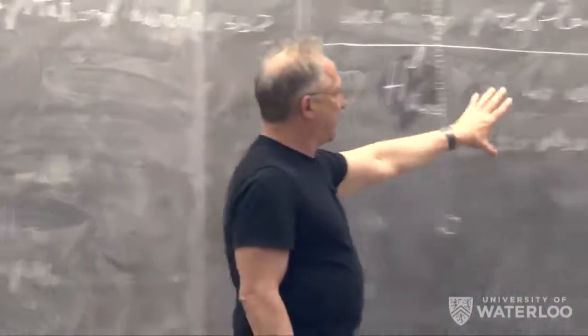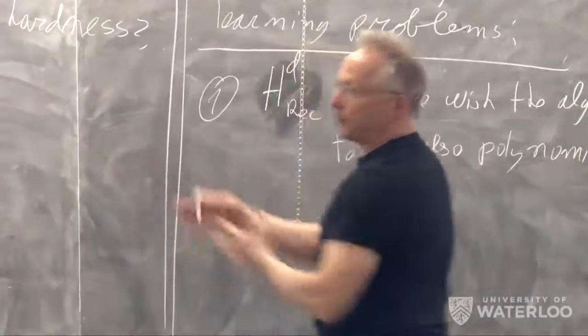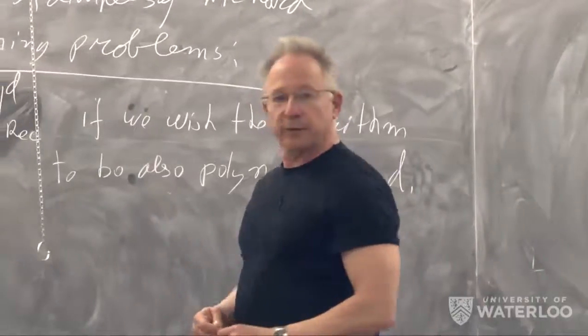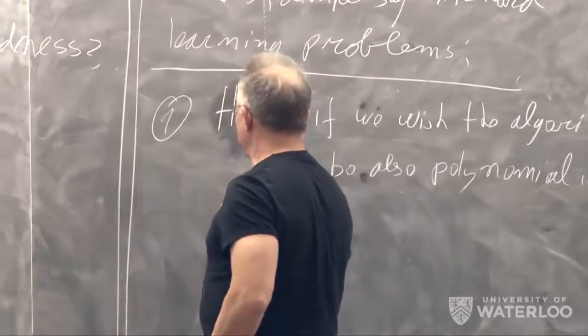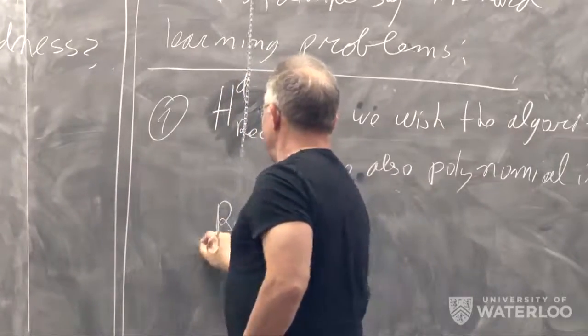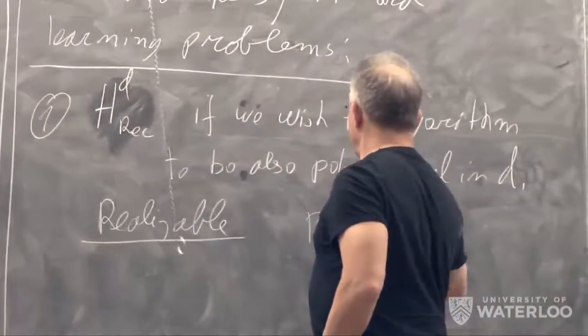And this is a hardness result, so we have to say, are we talking about the realizable case? Are we talking about the unrestricted or restricted model? So this is going to be NP-hard even in the realizable case in the proper setting, if you want to output the rectangles.